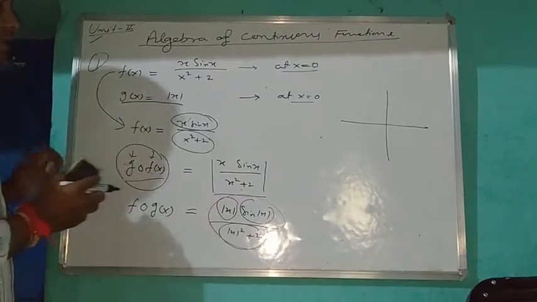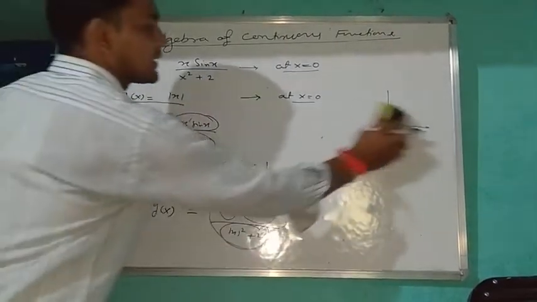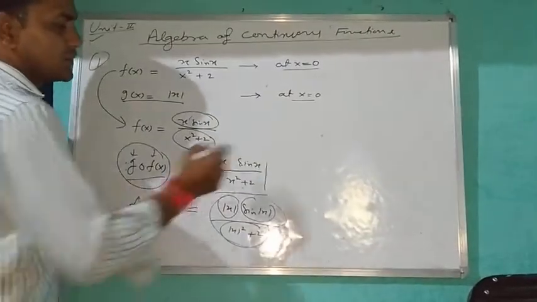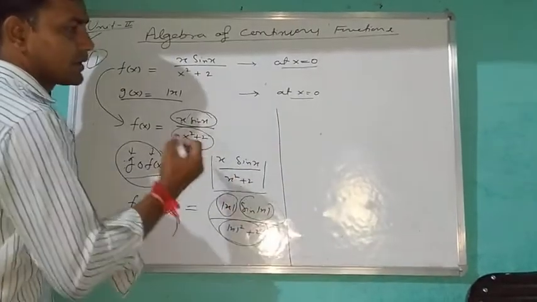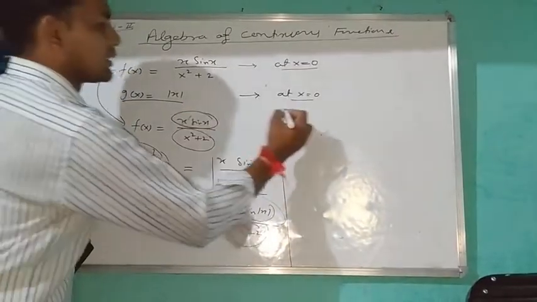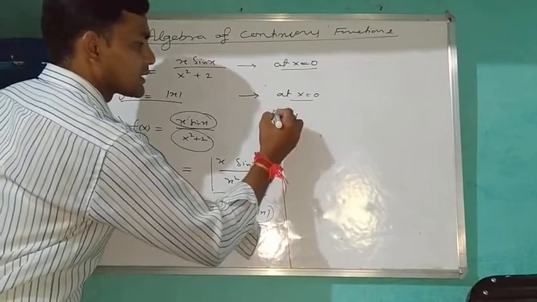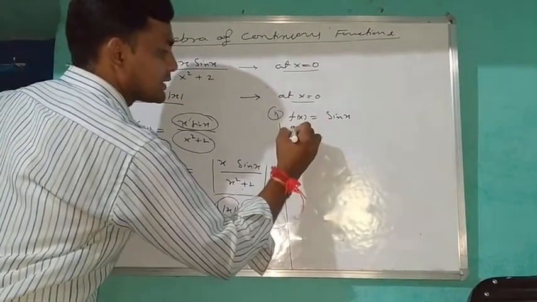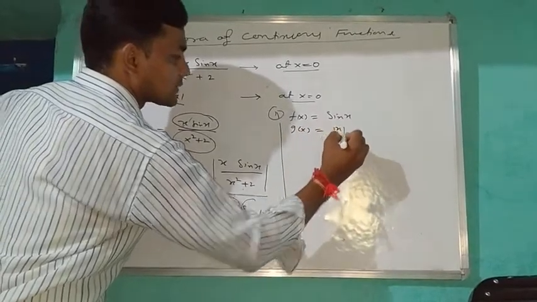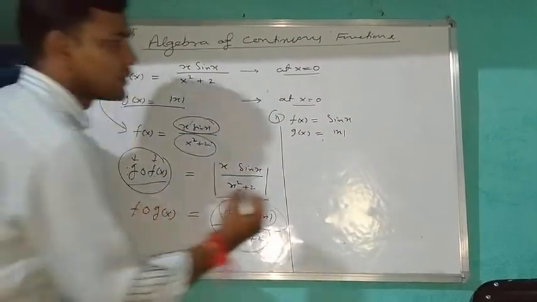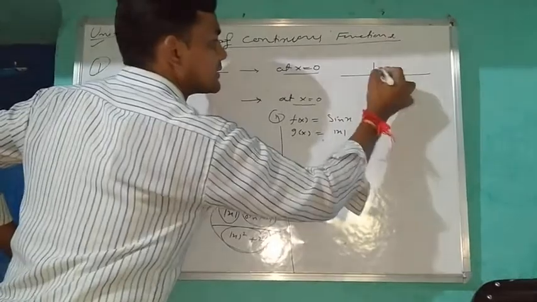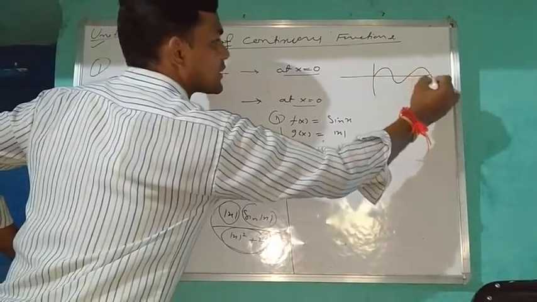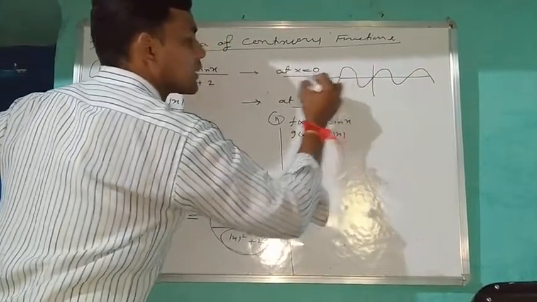And the second example is, suppose that f(x) equal to sin x and g(x) equal to mod x. In this case, we know that this is the graph of sin x.